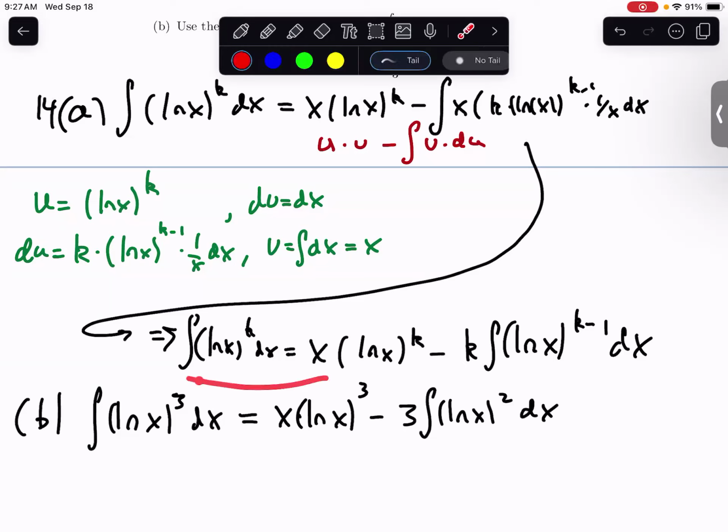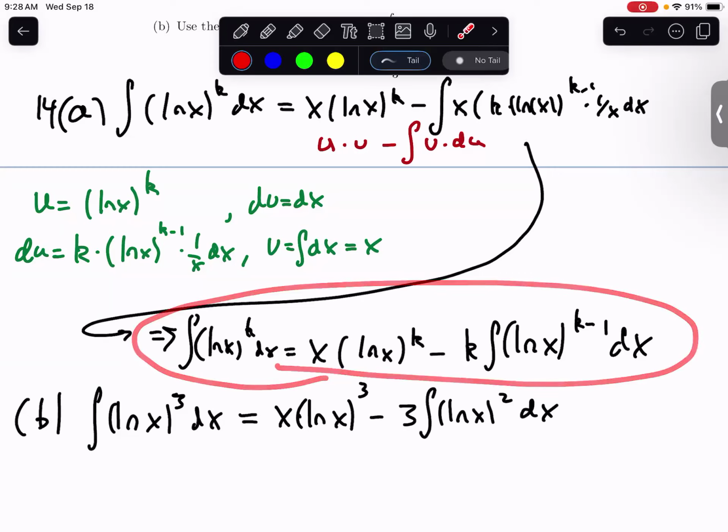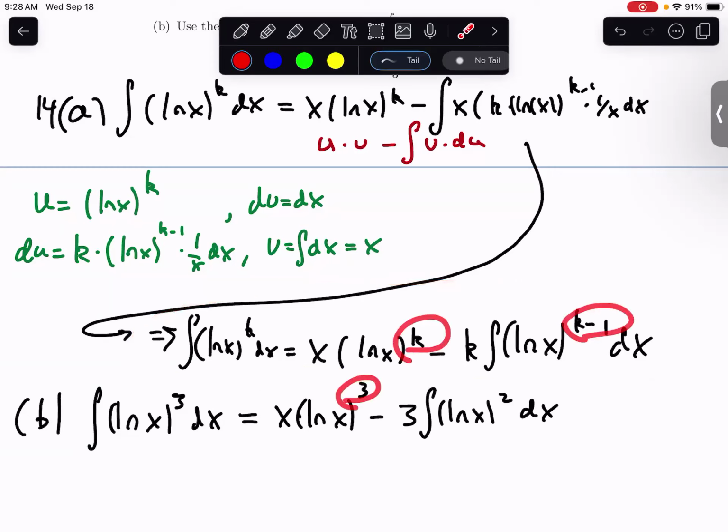So again, I'm just applying this formula we derived from part A, letting k be equal to 3. So the k here becomes 3, k minus 1 becomes 2.